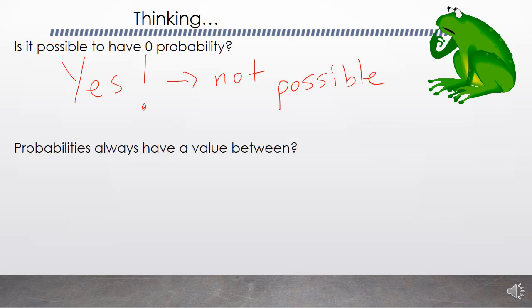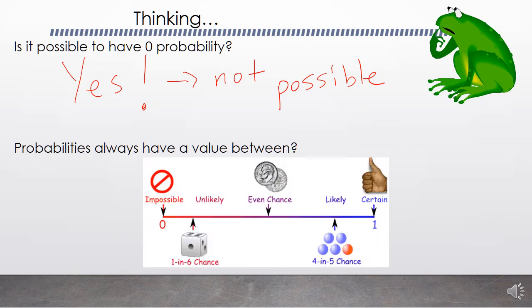Following from that then, what do you think all probability should have a value between? Hopefully you're thinking 0 and 1. So if you get a probability of 0, that means it's impossible. So right there, impossible.